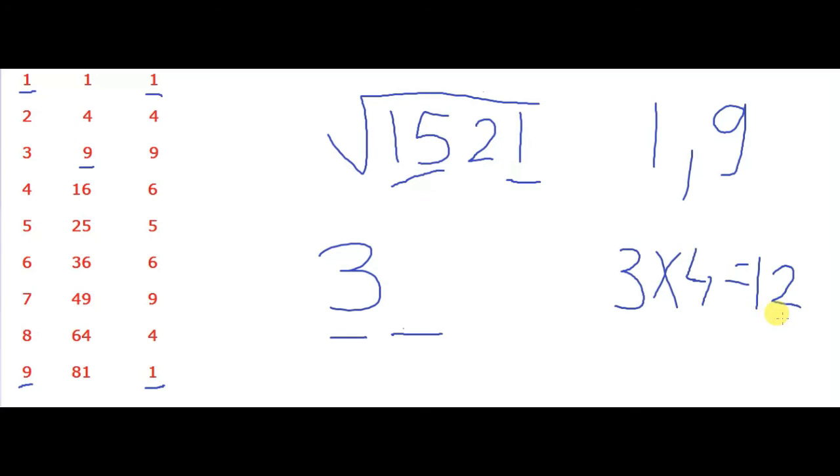Then compare this 12 with 15, that is the number after the last two digits. 15 is greater than 12. So consider the larger number from these two numbers, that is 9. So our second digit is 9. So we get the square root of 1521 is 39 in very few seconds.